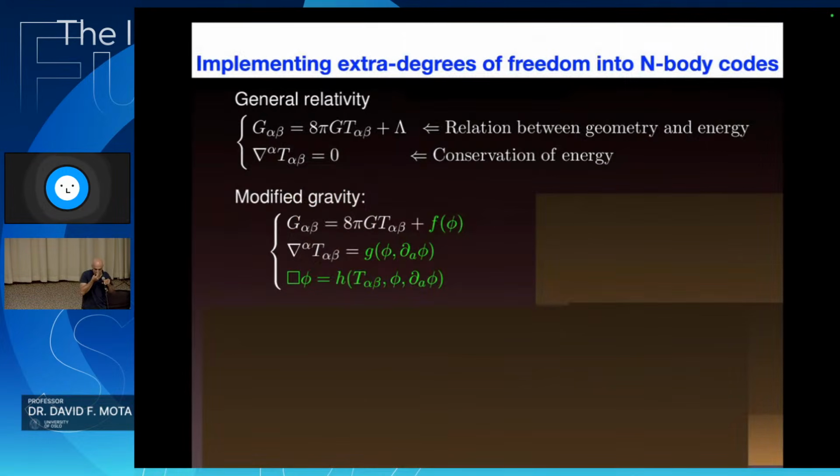When I implement the equations of motion, I'm implementing them into N-body codes. In particular, these simulations were implemented in the Ramses code and in the gevolution code. One of them is just a Newtonian code, the Ramses code, so I'm using Newtonian physics.